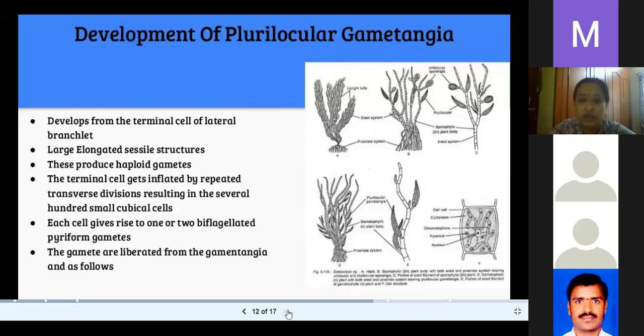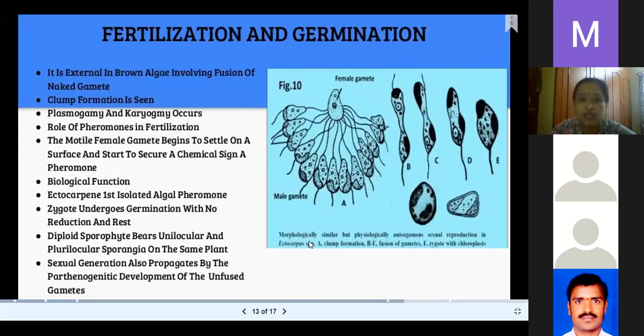In this one, see, this one is the gametangia. This is the male gametangium. This one is the female gametangia. In Ectocarpus, brown algae, involving fusion of naked gametes. Here many male gametes fuse with only a single female gamete.